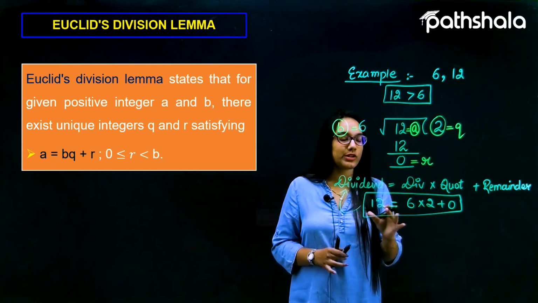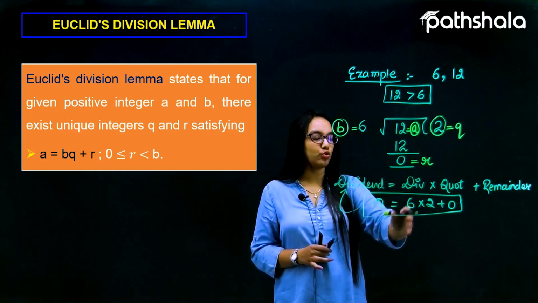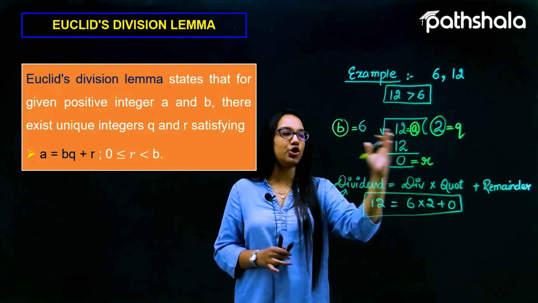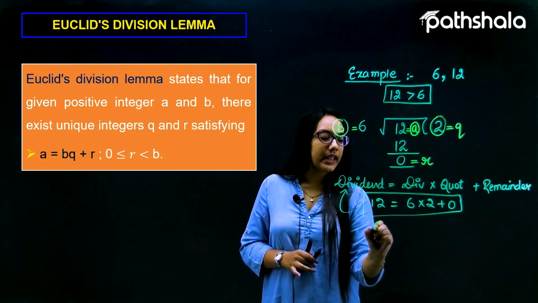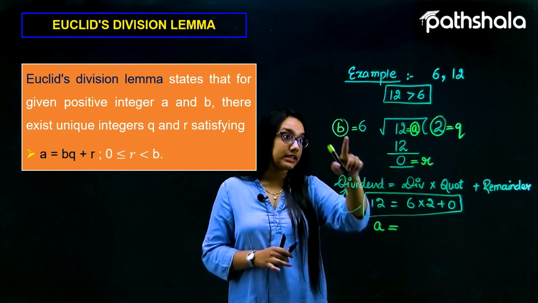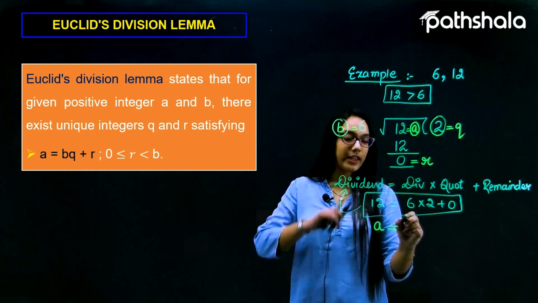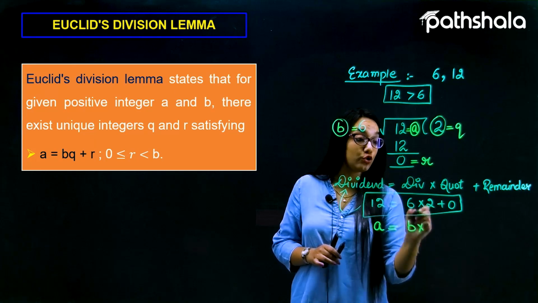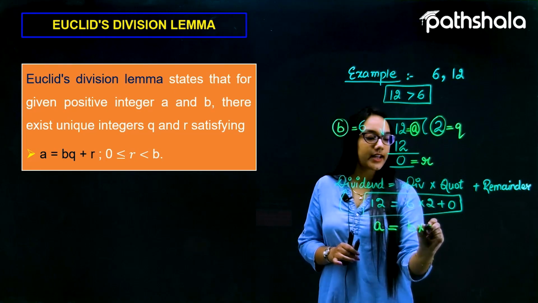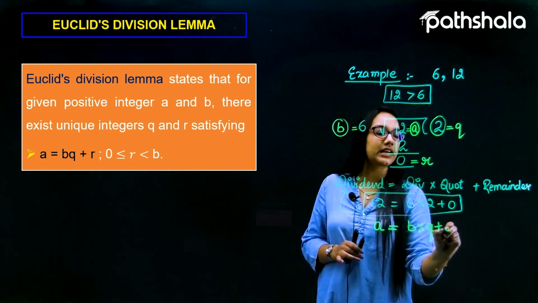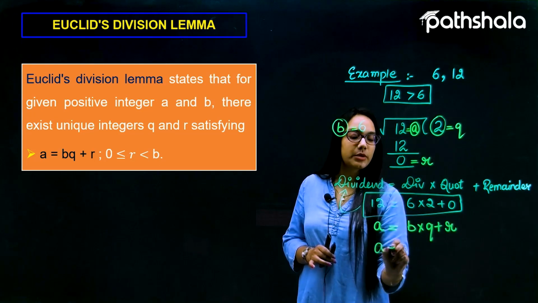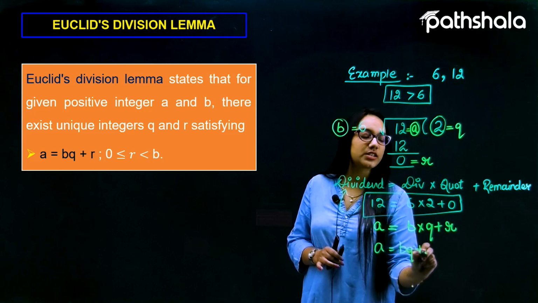So in place of 12 we write a, in place of 6 we write b, in place of 2 we write q, and in place of 0 we write r. The representation is a is equal to bq plus r.